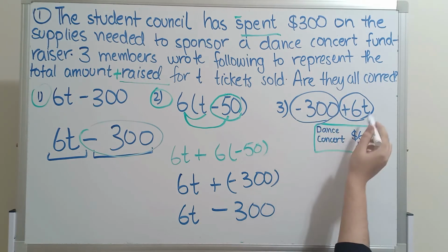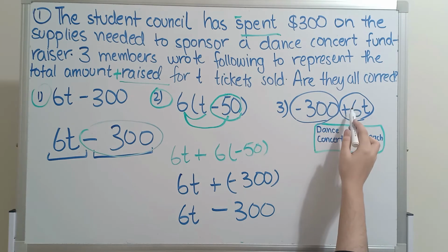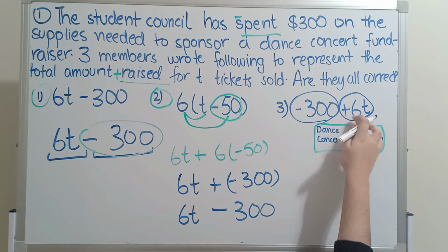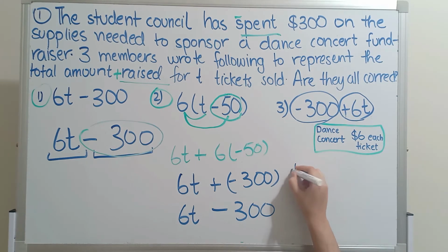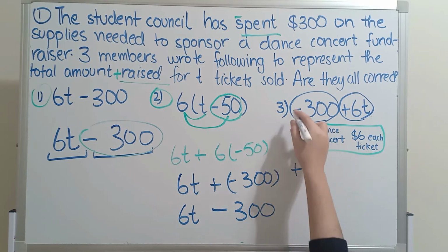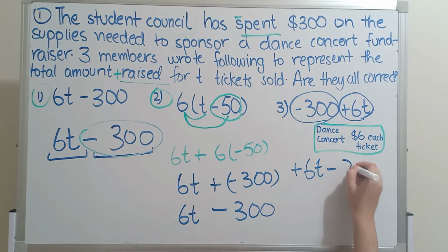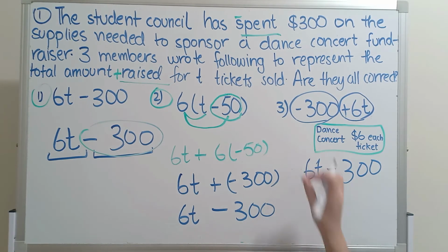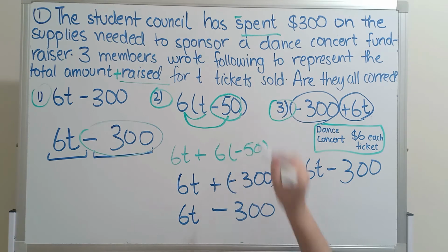You cannot put only 300 or 300 plus. This sign goes with this number and this sign goes with this number. So let's put this first: 6T, and then subtract 300. We don't really need to put a plus in front of numbers that don't have one. If we don't have a sign, it means it is a positive number. So yes, this also ends up the same as the first one. So this is also a correct expression.